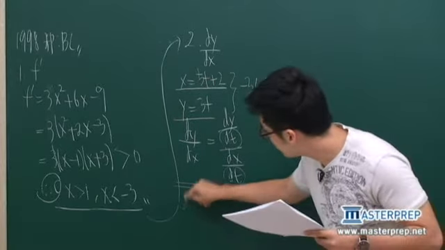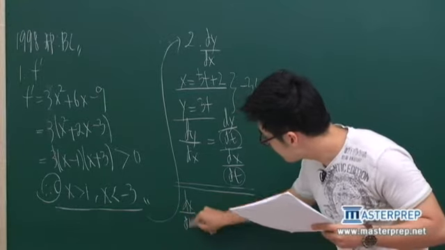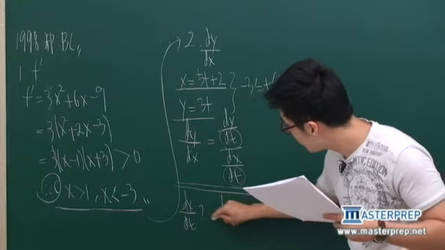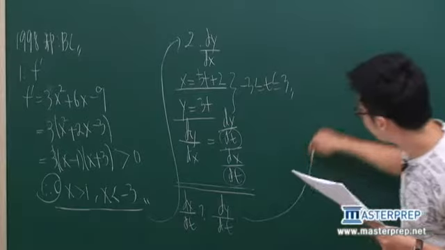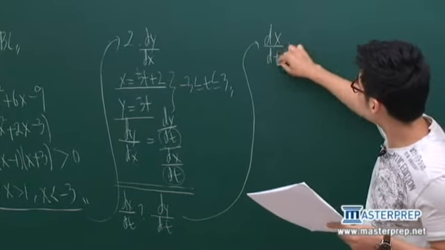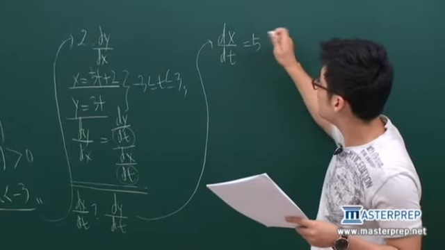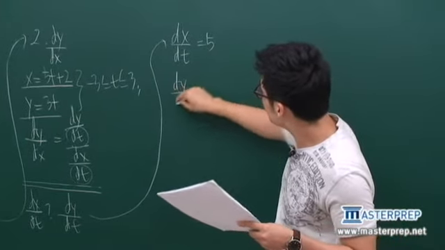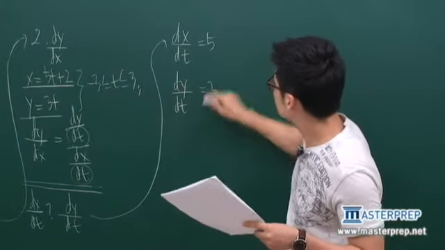So what is dx over dt? What is dx over dt is a good question, and dy over dt. Well, just take the differential. dx over dt is equal to 5, and dy over dt is equal to 3.